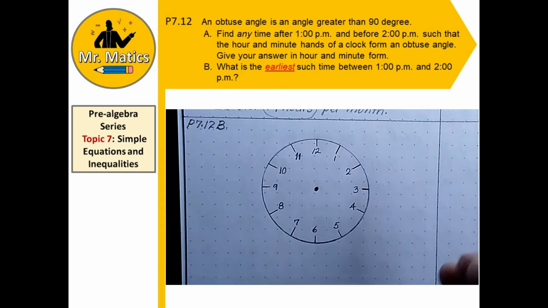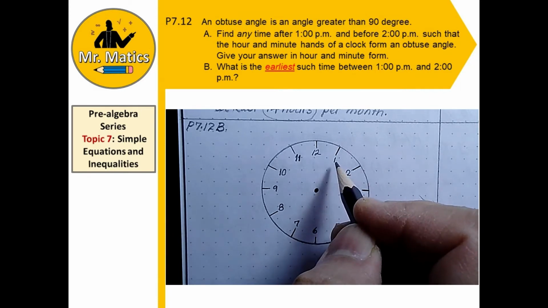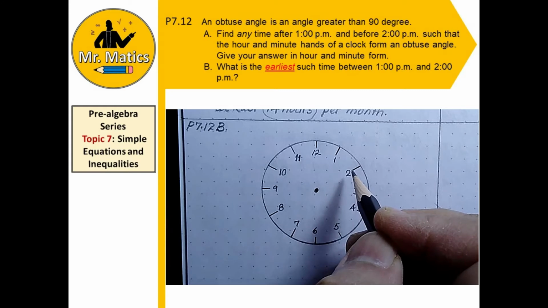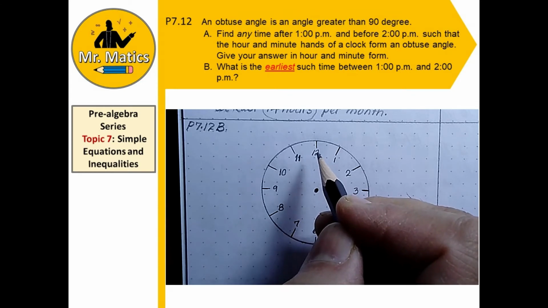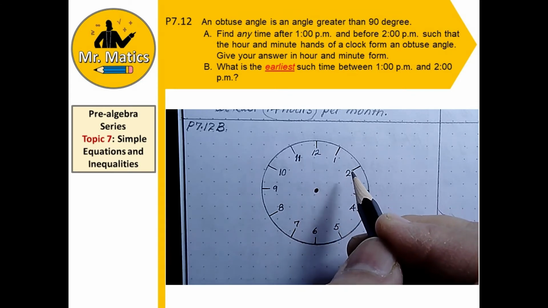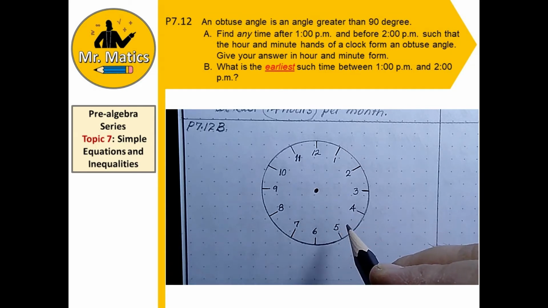Definitely this may be a little bit more challenging to understand for the beginners. The question is asking, what is the earliest time when the angle between the hour hand and the minute hand becomes obtuse? Of course the hour hand has to be between 1 and 2, and the minute hand at the start of the hour is at 12, and that minute hand is moving faster than the hour hand, and at some point the angle is 90 degrees.